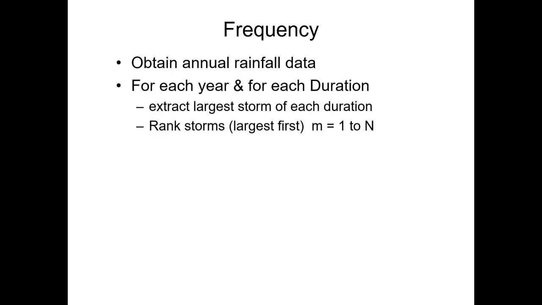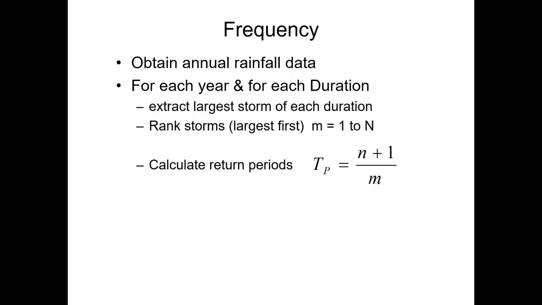We rank them, largest to smallest, and we calculate the return period as (n+1)/m. So n is the total number, plus 1, over m. There are a couple of different ways to do percentiles. For this we use n+1, and this is the most common in other applications too, but there are different ways to do it.